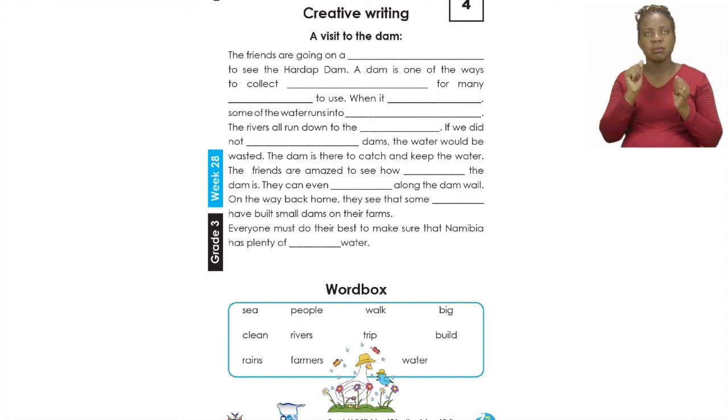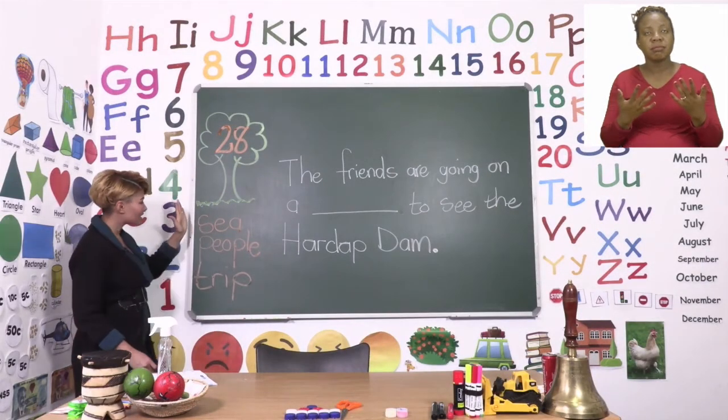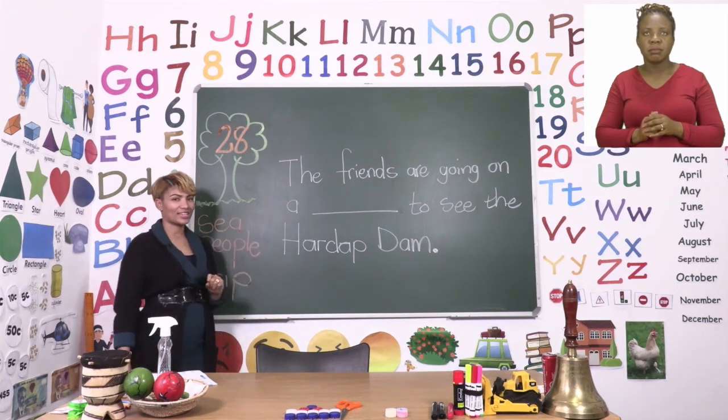The first sentence on your page reads, "The friends are going on a blank space to see the Hardap Dam." Now, we have to look at the words and figure out which word will fit in this blank space. Now, on the board, I copied this same sentence and I also chose a few words that we can try in the blank space.